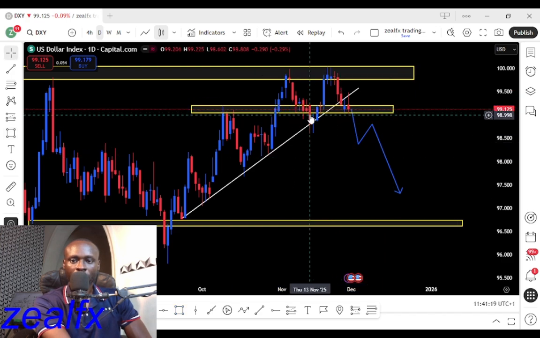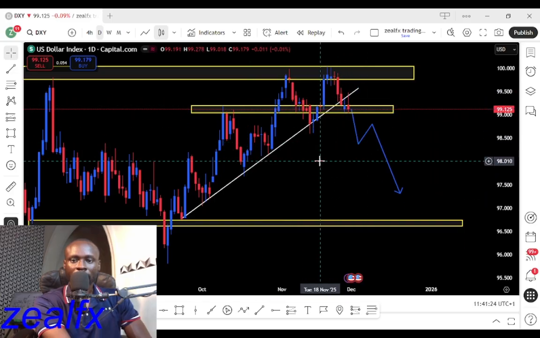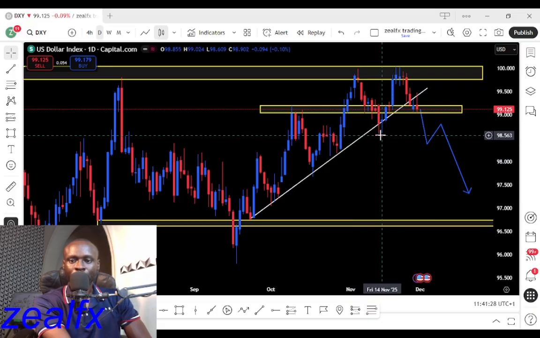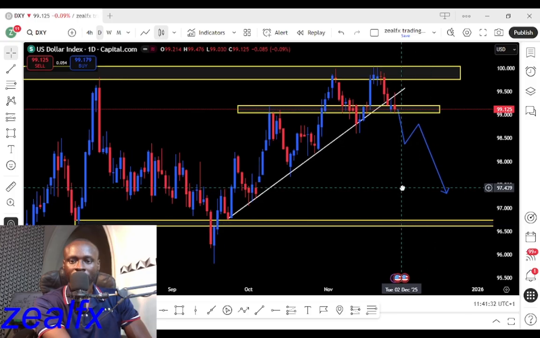So we expect more sell for the dollar index this week, because price has closed below our trend line, and we also expect price to come to this level. But we need price to break this level, then wait for a retest, then we'll see further sell for the dollar to the next support level.